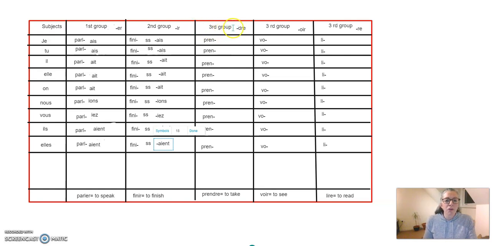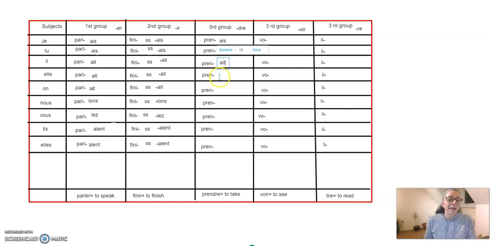So here for the third group, verbs like prendre, which means to take, we are removing DRE, which is the end of the verb, the mark of the infinitive, and we are adding, as simple as that, the endings of the imperfect tense.